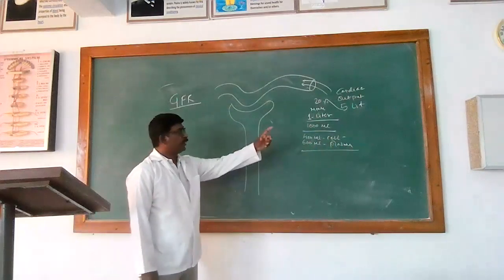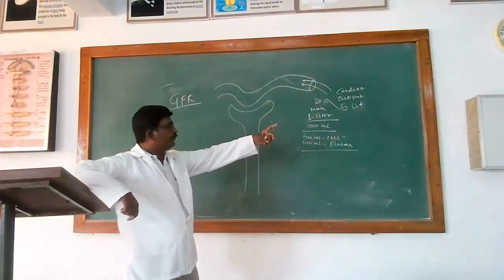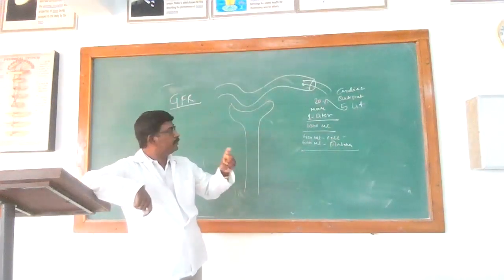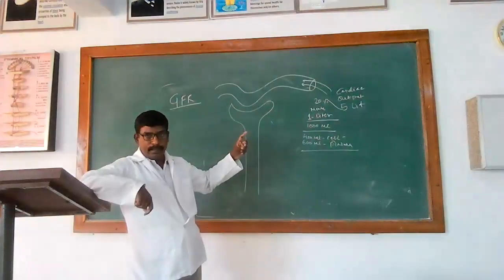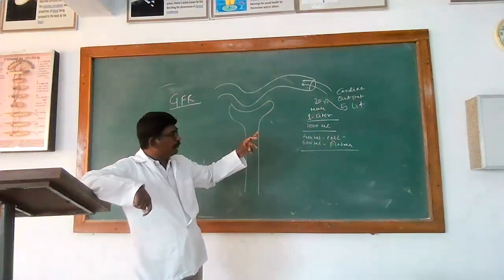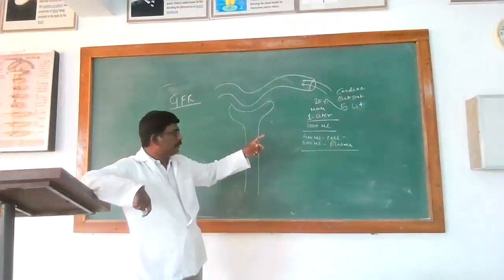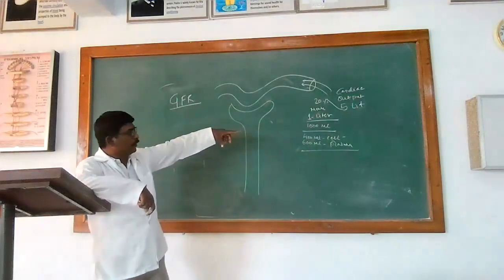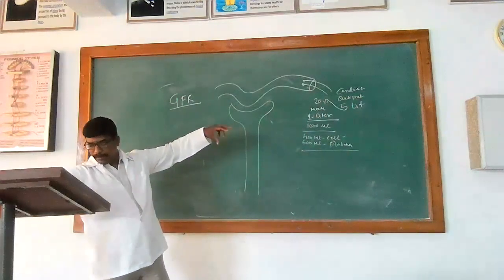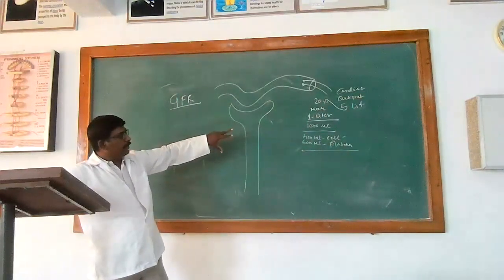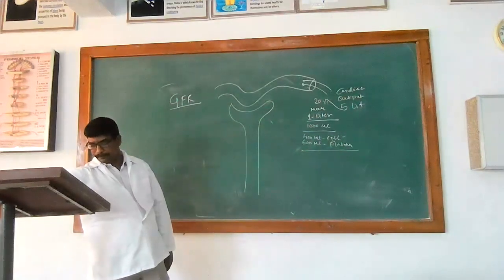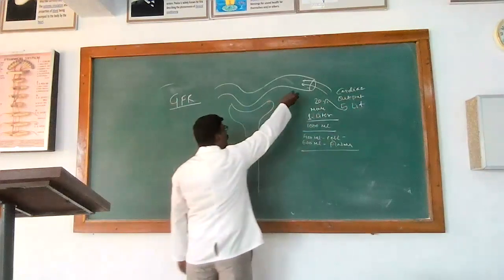So the cardiac output we have considered as 5 liters, and only 20% is supplied to the kidney. 20% of 5 liters is 1 liter, that is 1000 ml, of which 400 is cells and 600 is plasma.